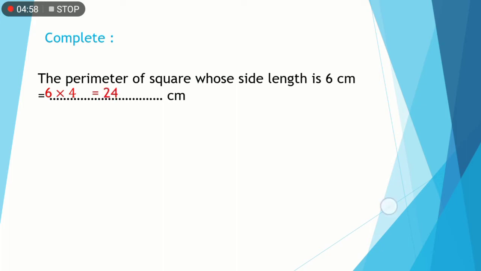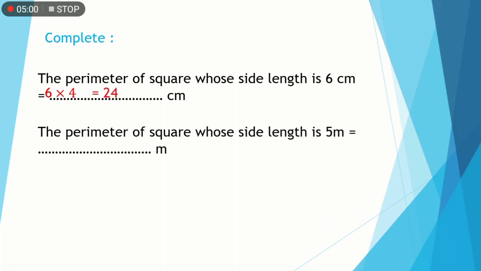The next one: the perimeter of a square whose side length is 5 meters. Perimeter of a square equals side times 4. 5 times 4 equals, excellent, 20.